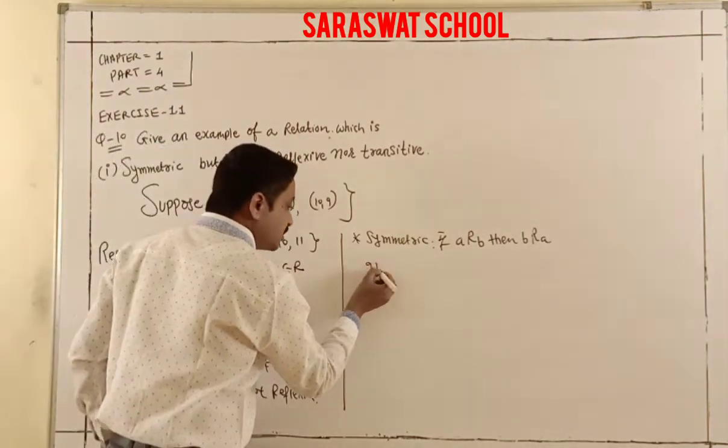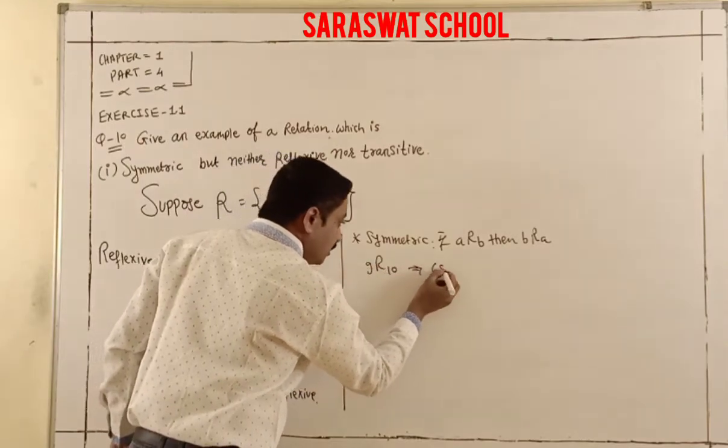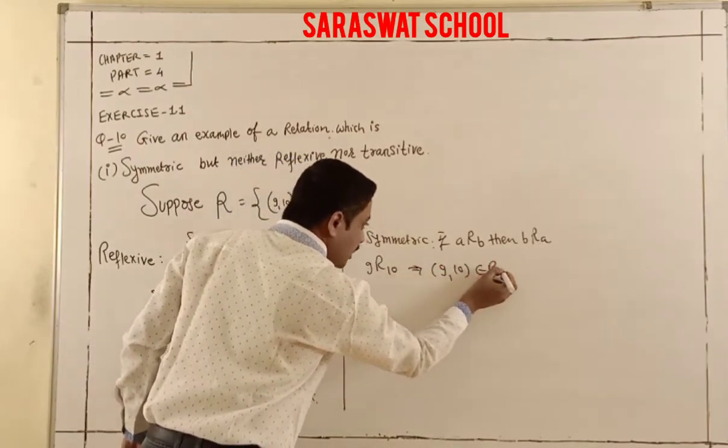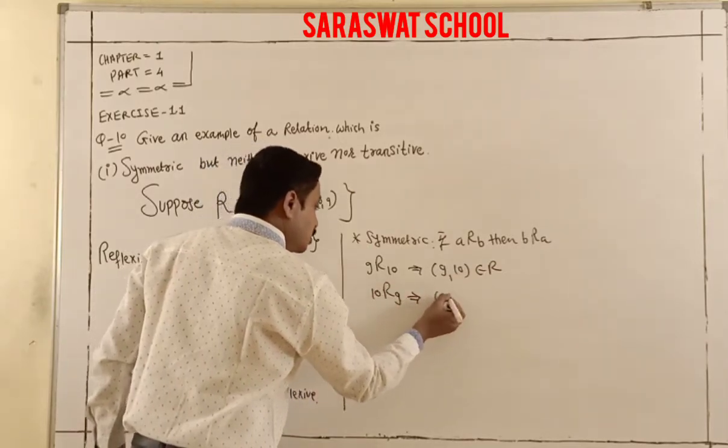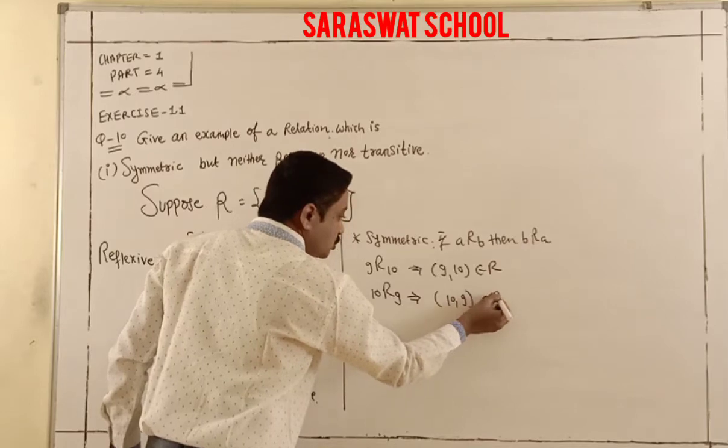So 9 relation 10, definitely 9 comma 10 belongs to R. Next check 10 relation 9. So 10 comma 9 also belongs to R.